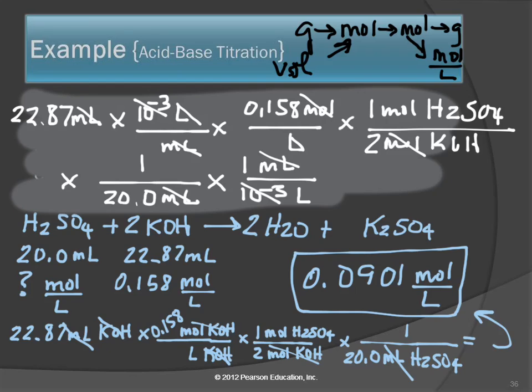So you can do it this second way. Some of you have gotten good at converting between milliliters and liters in your head, and that's also an acceptable way to do it. Instead of writing down 22.87, you write down 0.02287 liters, and that works as well. Or you can just do what I did in the first place.